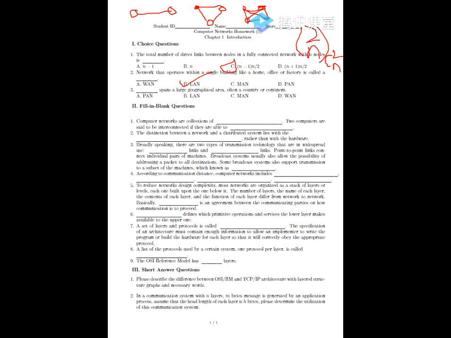Yes, D. A wide area network spans a large geographical area, often a country or continent.